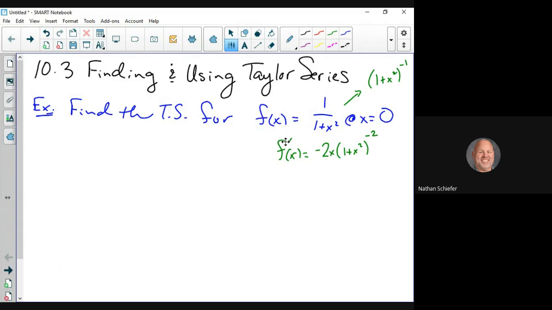Is it something natural log? Because natural log is like derivative 1 over x. It is arctangent. That is true. It is arctangent, and if I integrated, I would get arctangent. Do we know a series for arctangent?